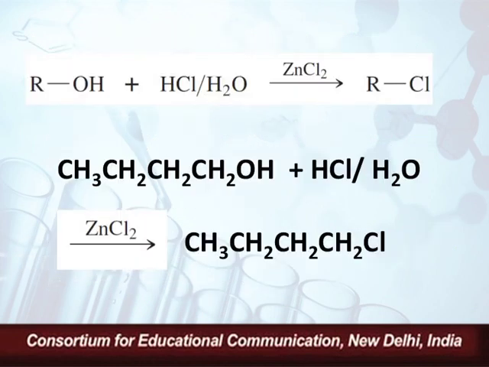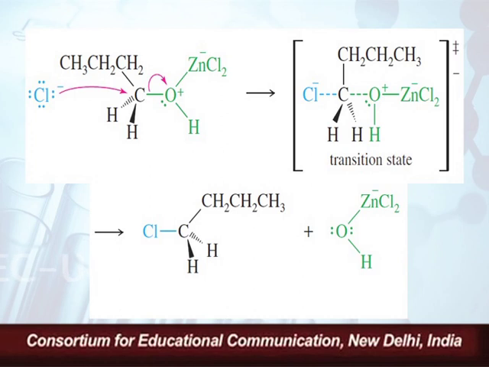Here I have shown the reaction of 1-butanol with HCl in the presence of zinc chloride, when 1-chlorobutane is formed. In the first step, 1-butanol reacts with zinc chloride, resulting in a transition state.